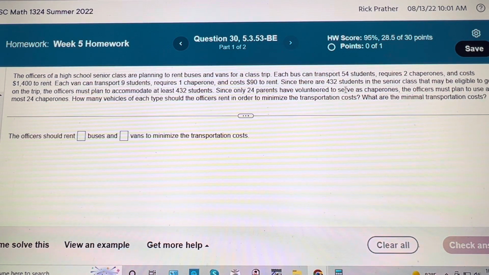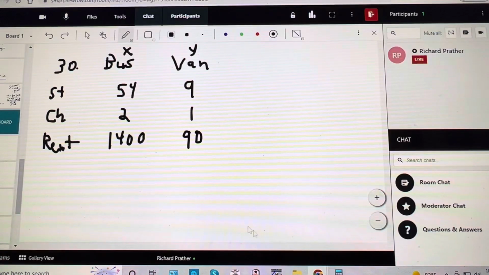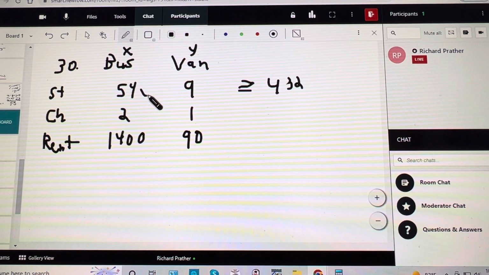There are 432 students in the class that can go, and officers must accommodate at least 432 students. At least is greater than or equal to. So one of our requirements is that 54x plus 9y has to be at least 432.